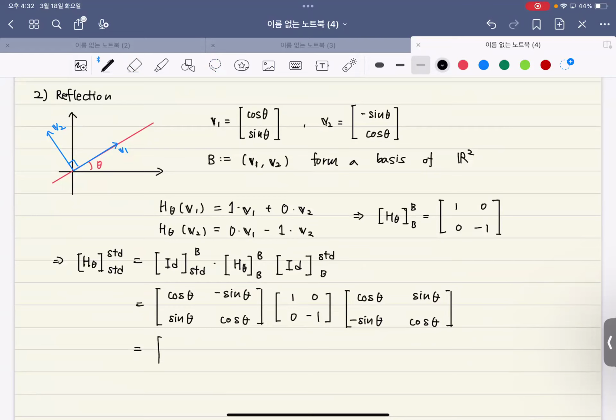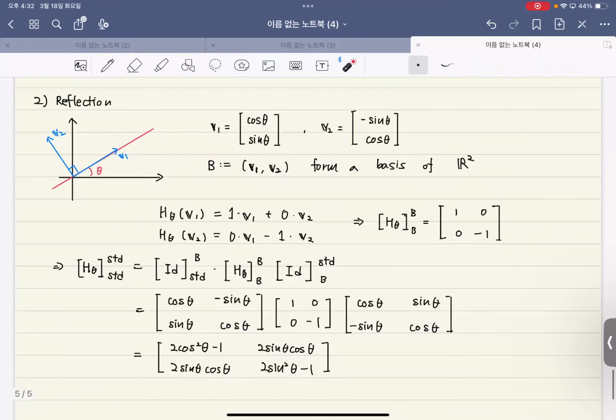Then by tedious computation, it ends up with sine, cosine, 2 sine, cosine, no, 2 sine square minus 1. So this is your final result, which agrees with our previous discussion. Okay. All right.